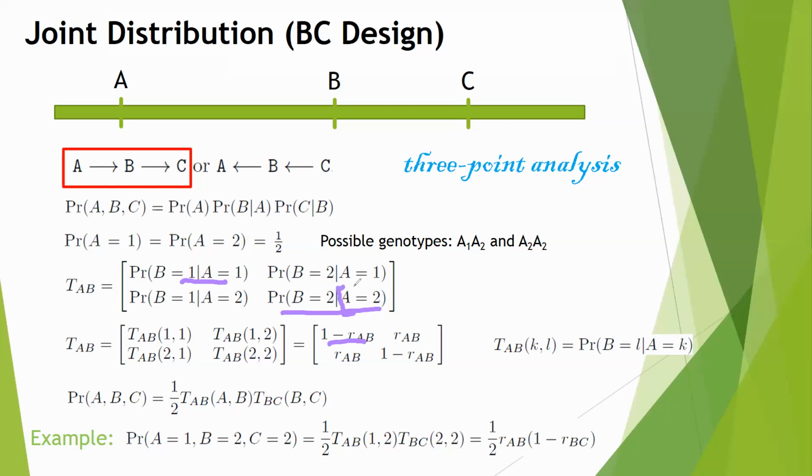If at the beginning the A locus takes the second state, the second genotype, and when we look at the B locus, B also takes the second state, the second genotype, then there's no crossover, right? So you're going to see the same probability at this element in the 2 by 2 matrix. Does that make sense? This is the transition matrix. Any questions here?